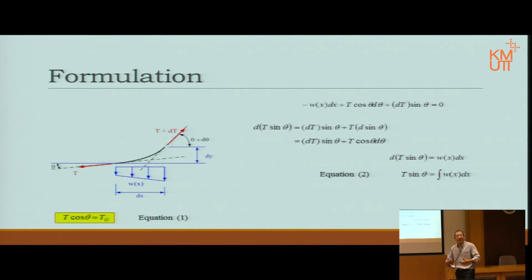Equation 1 divided by equation 2. Okay, that would, there we are. Oh, 2 divided by 1. Okay, then we have on left hand side t sine divided by t cosine. T disappears, sine over cosine becomes tangent, and of course T naught divided by the integration term.